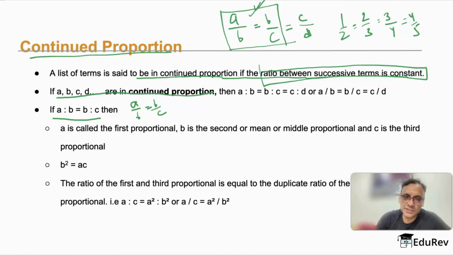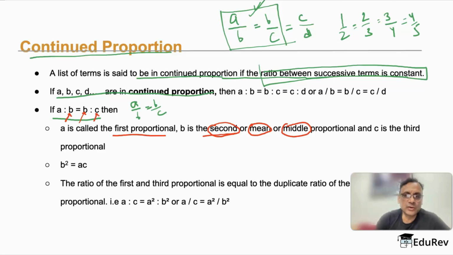A is said the first proportional as earlier, B is the second proportional, but B becomes very important because B is getting repeated. So it is called the second proportional. It is also called the mean proportional. It is also called the middle proportional. So second, mean, middle, whatever you want to call it.